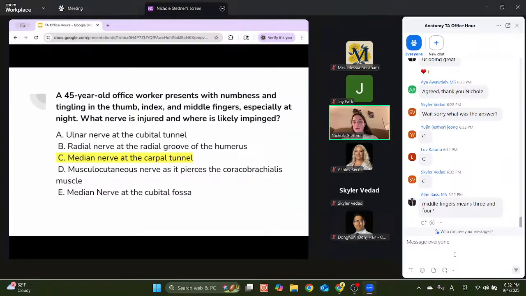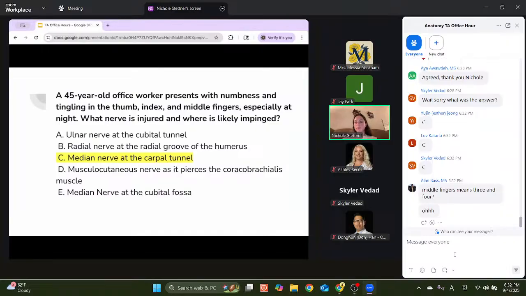Well, I think it meant thumb, index, and middle finger. So it's grouping those 3 together. Cool. It could also be half of the ring finger. But a lot of times this is the classic presentation: people will come in with numbness and tingling there.